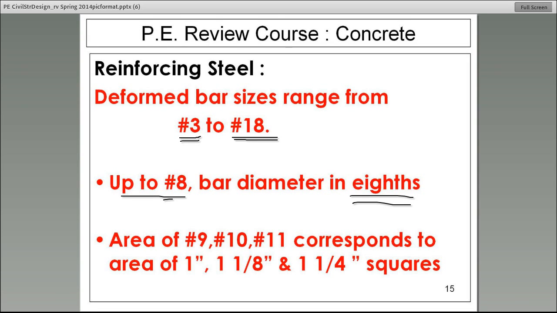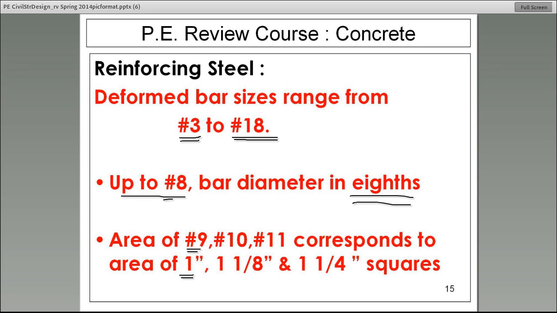Now, also, just for your information, I recommend you use a table for this, but the area of a number 9 is equal to a corresponding square of 1 by 1. Number 9 has an area that's equal to a square of 1 by 1.